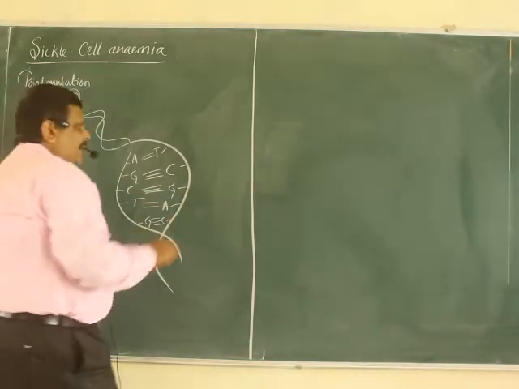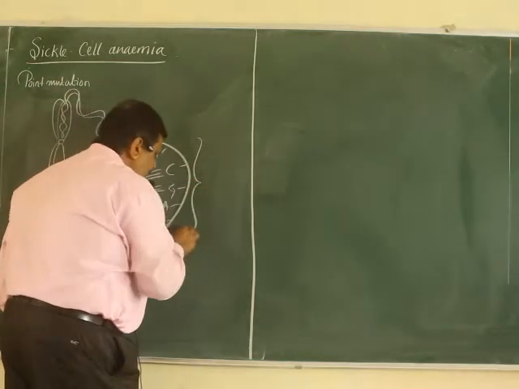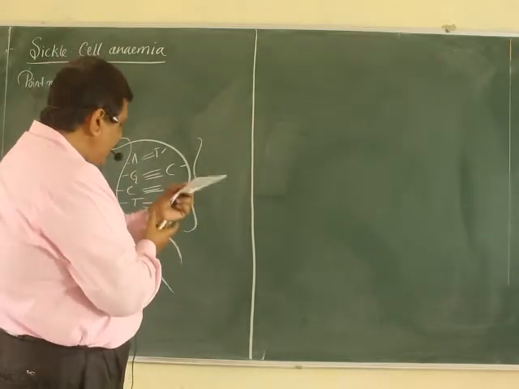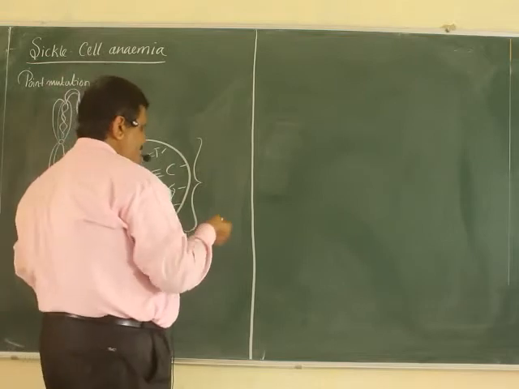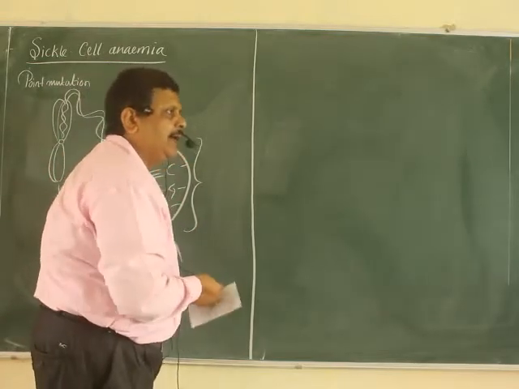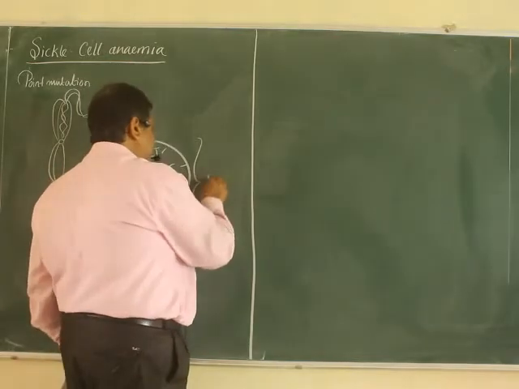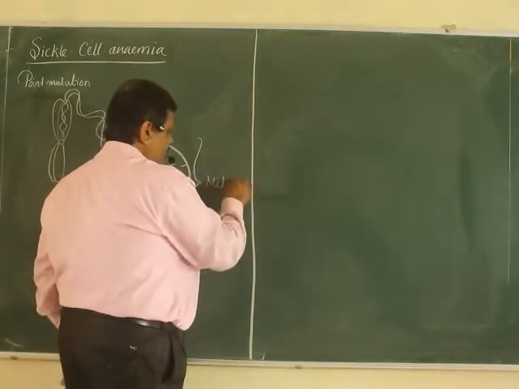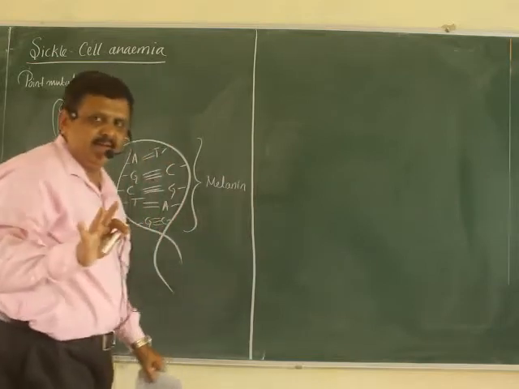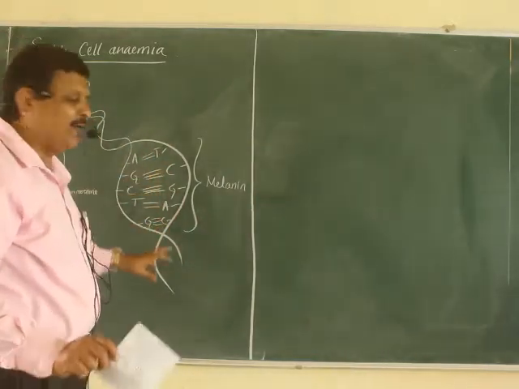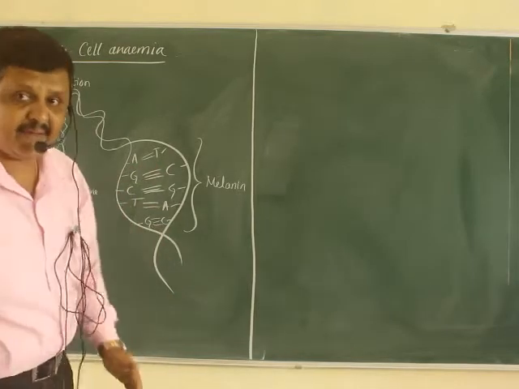Suppose imagine it is going to produce a protein, I'll consider melanin, skin color. Suppose imagine we can't get melanin by only five nitrogen bases. This is an example I am giving.